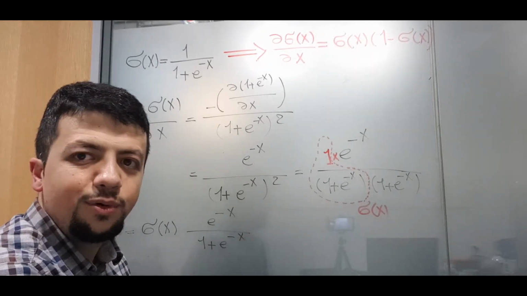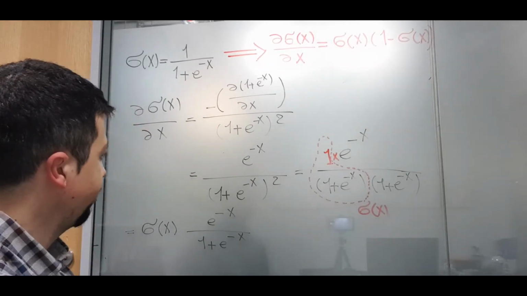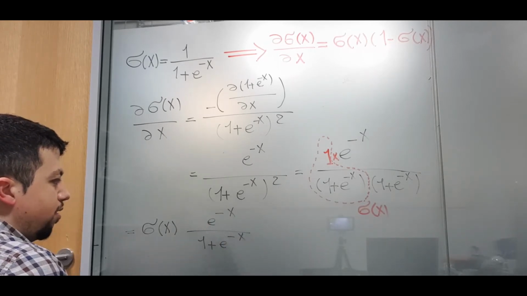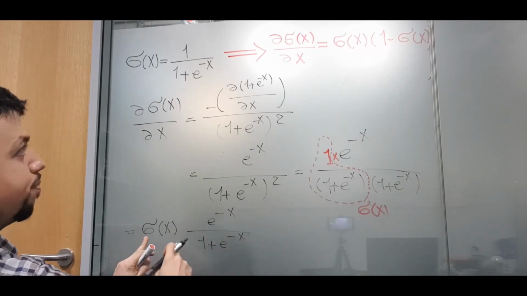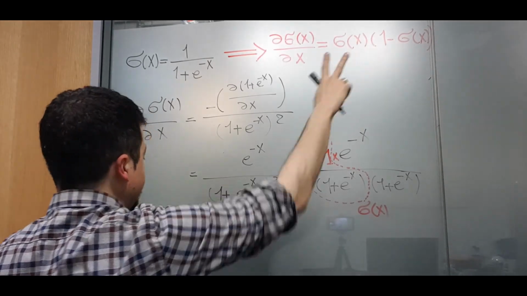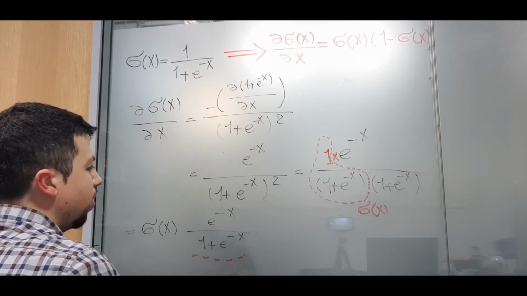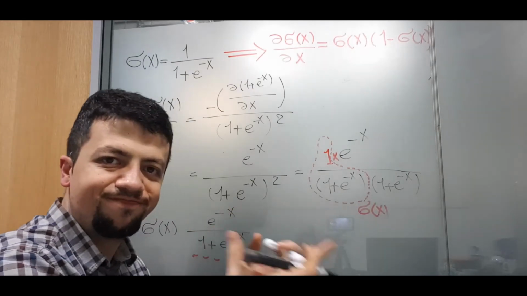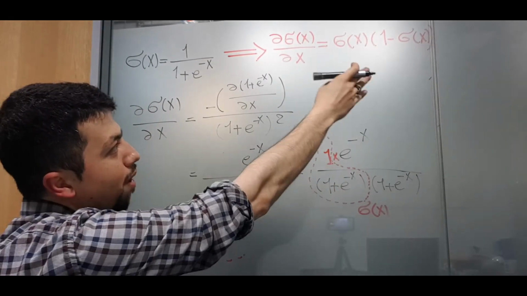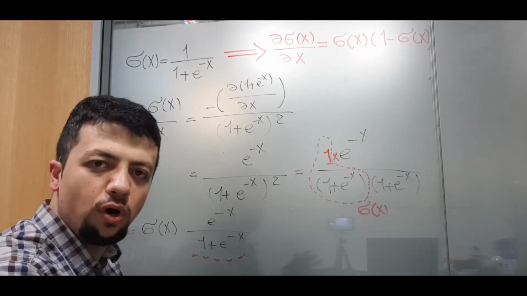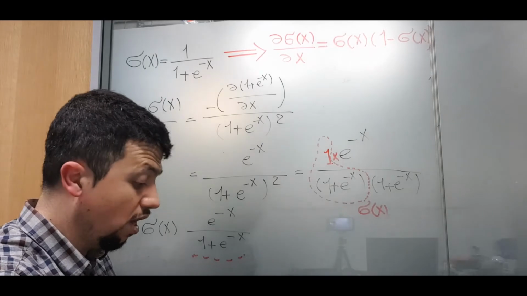Now, we're gonna play a little game here. Remember, the first bit has been proven, sigmoid of x. So from this part, we have to sort of extract 1 minus sigmoid of x. In order to do that, we're going to add 1 and then subtract 1 from the numerator.